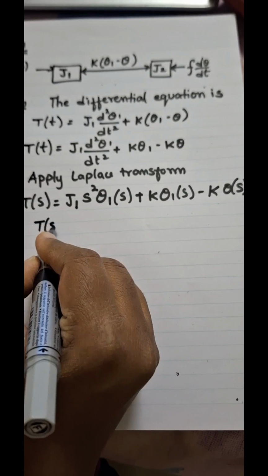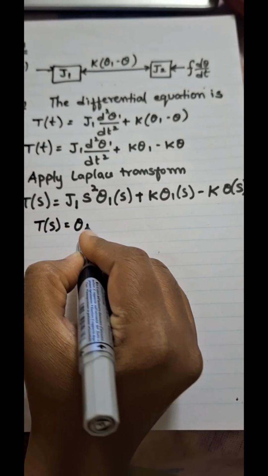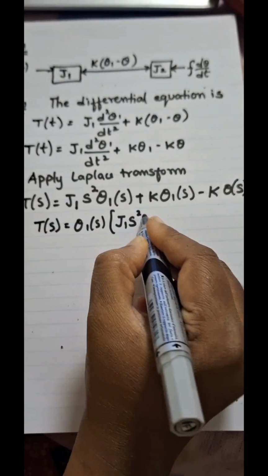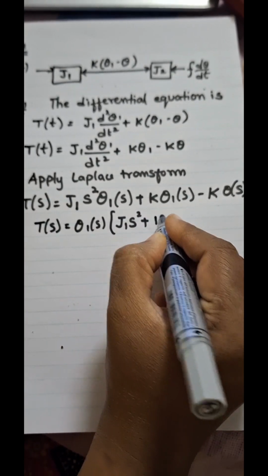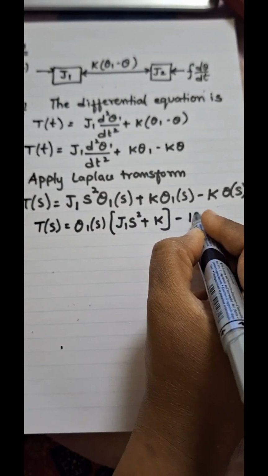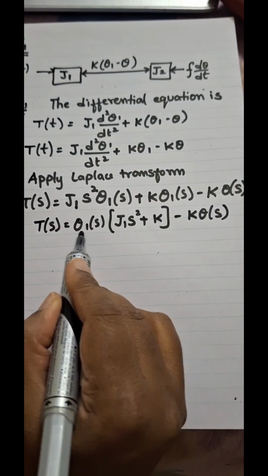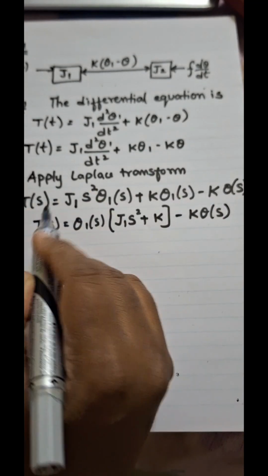So for that what I am going to do, T of s is equal to theta 1 of s, I am taking it as common, J1 s square plus k, minus k theta of s. So I want something for theta 1, so I will send this to this side.